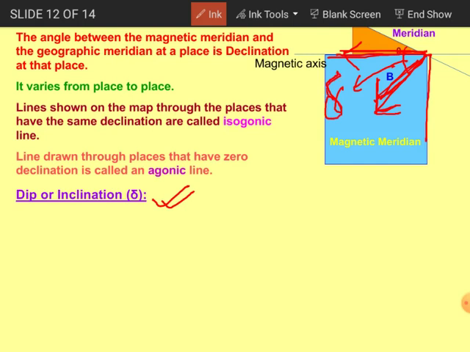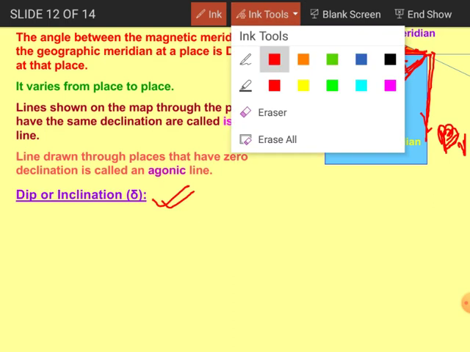Now if you try to resolve this B into two rectangular components, one along the horizontal and another along the vertical, denoted by B_H and B_V, that means Earth's magnetic field in the horizontal direction and in the vertical direction.